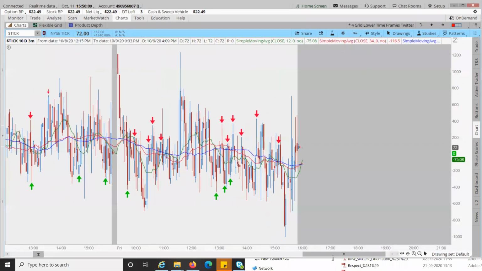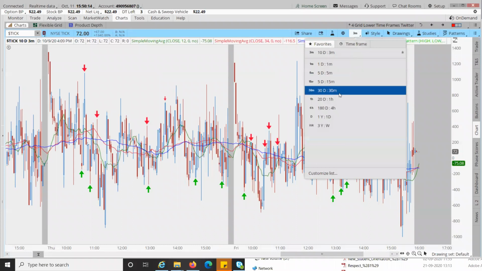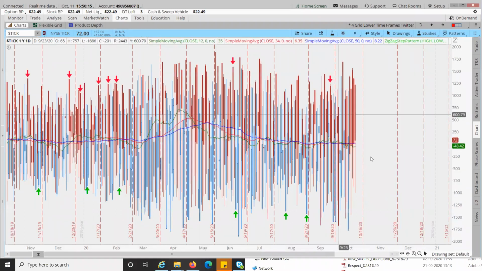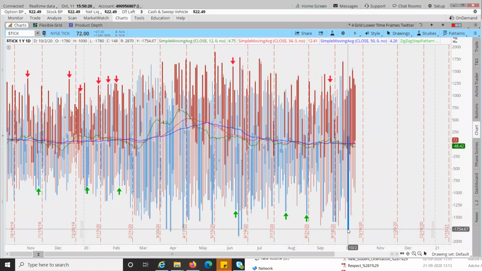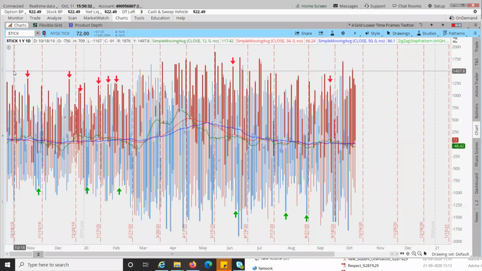This is the market internal. Usually the value on a 1 day chart is from minus 2000 to about 2000. So you have to first understand what these internals are. There's a difference between the positives and the negatives in the S&P, and there's tick.